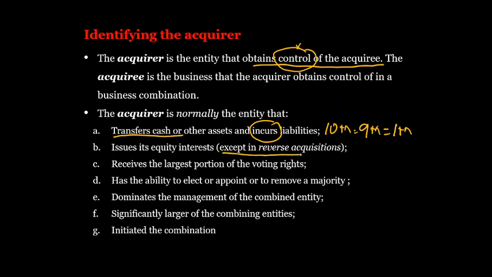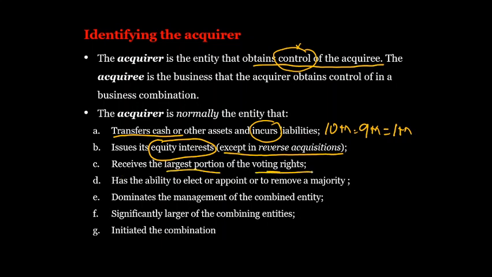We will have a separate discussion on reverse acquisitions. But in this one, when in your agreement, aside from cash and other assets, you're also going to issue equity interests to the owners of the acquiree, that is included in the acquisition cost. Receives the largest portion of the voting rights. Take note, voting rights.